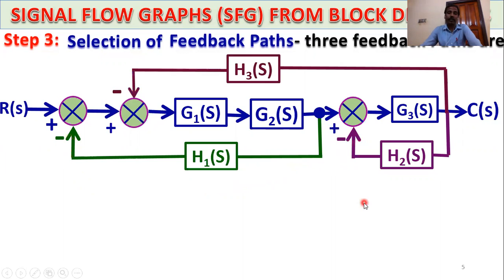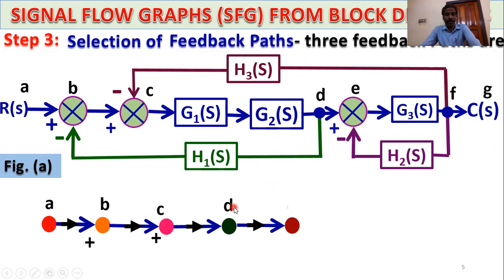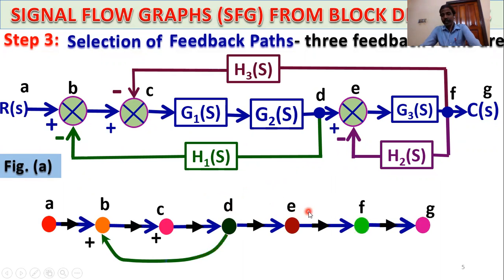But for the signal flow graph, the nodes are A, B, C, D, E, F, G. So draw the first forward path, A, B, C, D, E, F, G. And this is the first feedback path, and the gain is minus H1(s). This is the negative feedback, that's why it is minus H1(s).